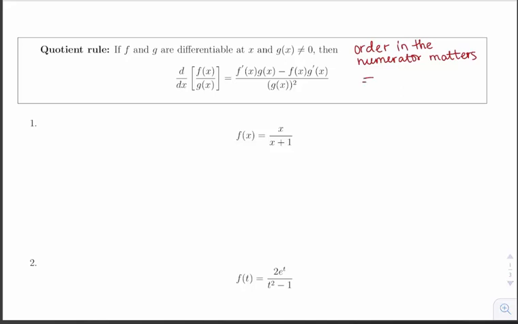So it's not g prime times f minus f prime times g. That's one common mistake to avoid. Also, it's simply not f prime over g prime, right? G prime not squared. We need to remember the formula correctly. All right, let's go ahead and do problems.